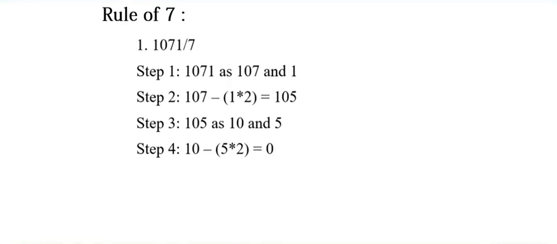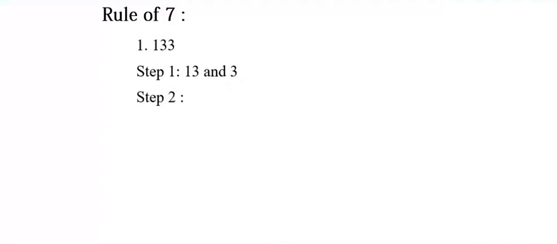Now let us take one more example. Again we'll take a small number first, then we'll go for a bigger number. Let's take the number 133. So what do I do? Step number 1, I write 133 as 13 and 3. Now step number 2.